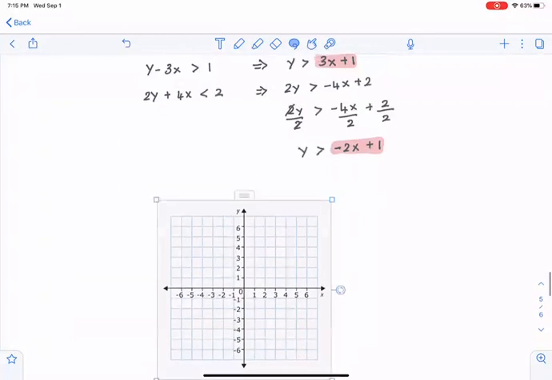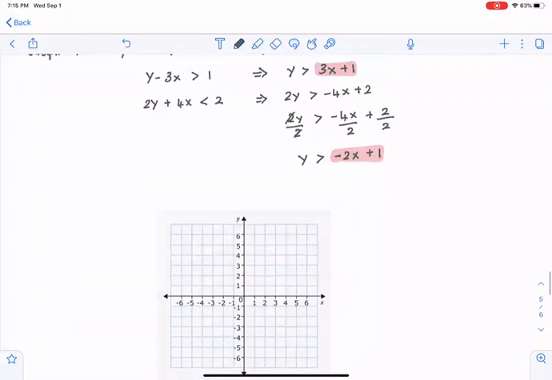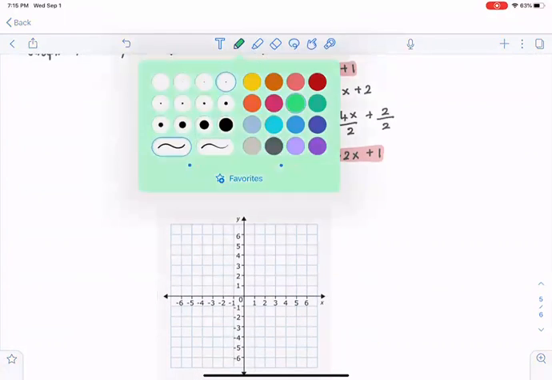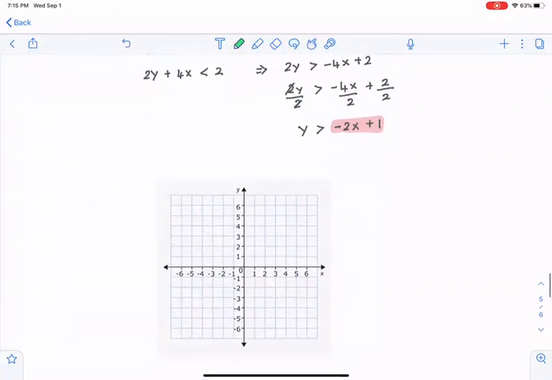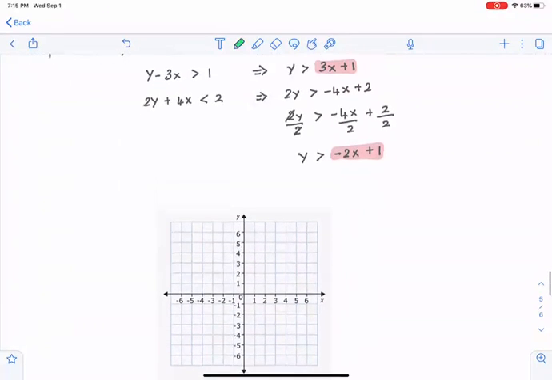So let's start with 3x plus 1. When x is 0, the y-intercept is just 1. When x is 1, I plug it into 3x plus 1.